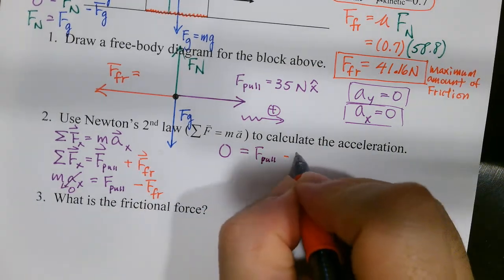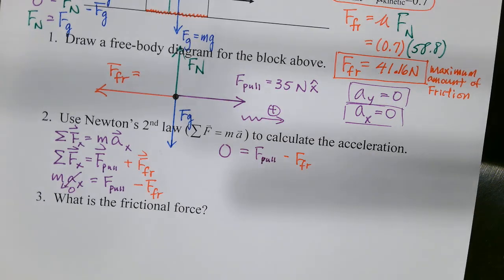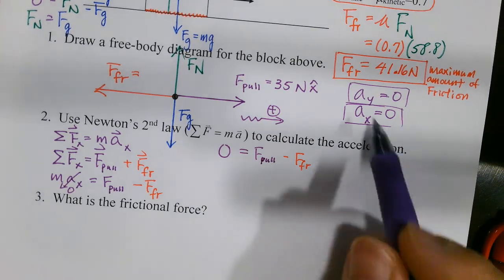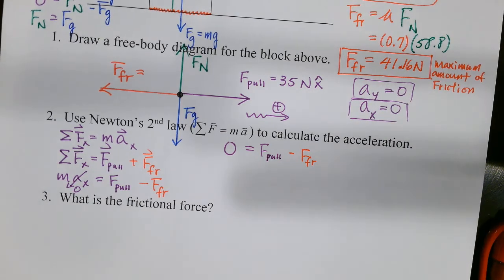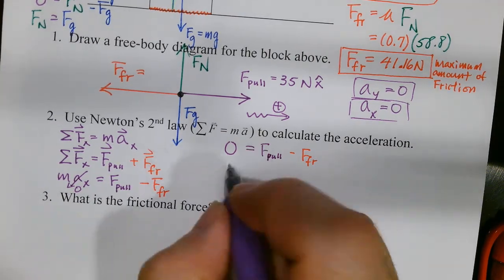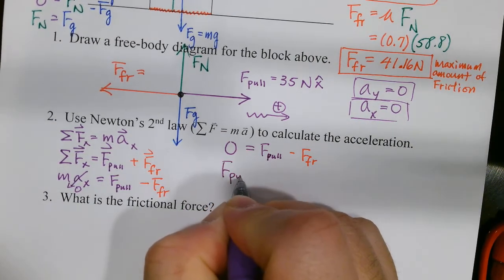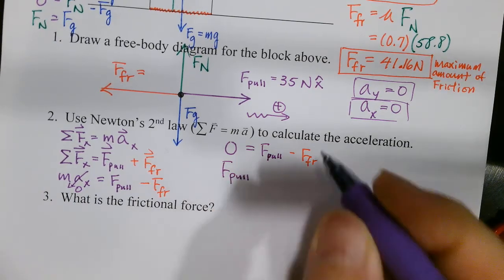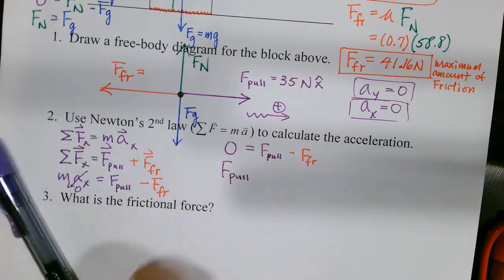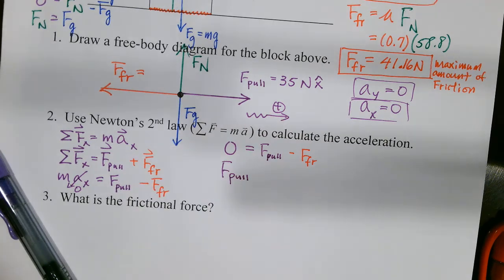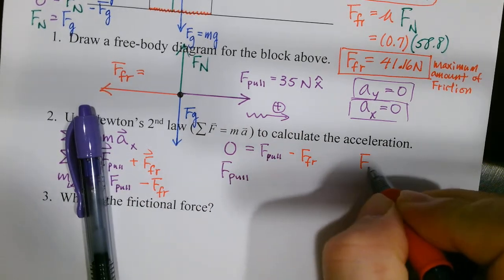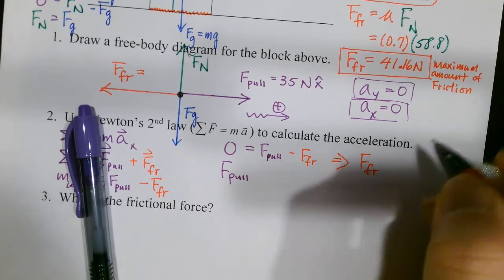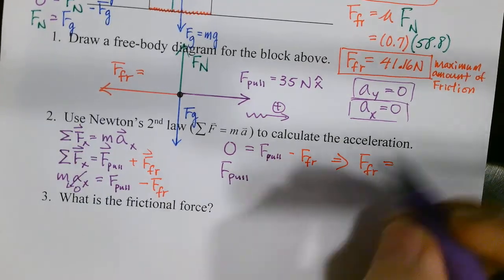So that is equal to my F pull minus F friction. So even though my frictional value can be calculated to be 41.16 newtons, in this particular case, my F pull is equal to my friction, or should I say, if I bring this friction to the other side, my friction is equal to my F pull.